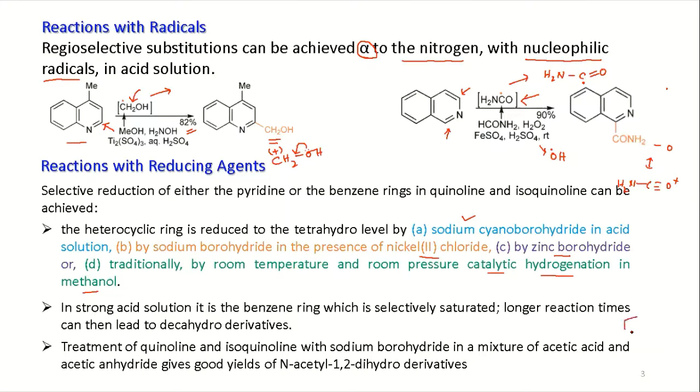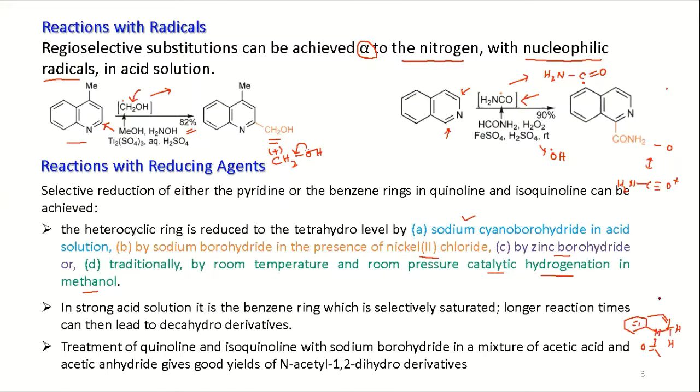Suppose this is quinoline. You are doing N-acetylation, N-acetyl. So you have N-acetyl 1,2-dihydro, and this one will have 2 hydrogens. Got it? So that will be the product for quinoline.